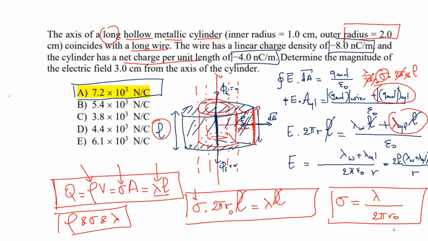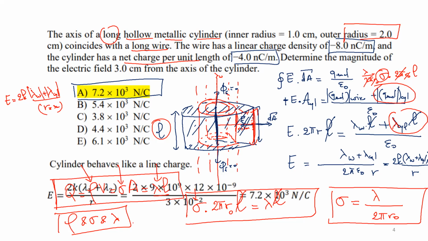So my net electric field is just 2K lambda wire plus lambda cylinder that I gave you, divided by R, which is 3 centimeters. Good. And of course, here this lambda, I mean absolute value, because I know that it's radially inward. Next question.